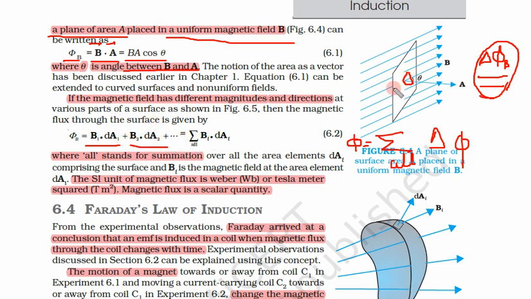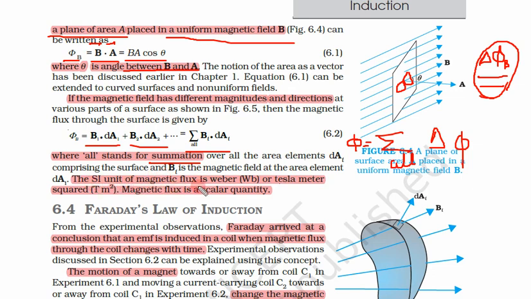We keep on adding all the different parts and the summation is all Bi dAi. That means we have broken this into smaller parts and we are calculating this flux for each individual part, then we are summing for all the parts, where sigma stands for summation. So summation over all these parts.